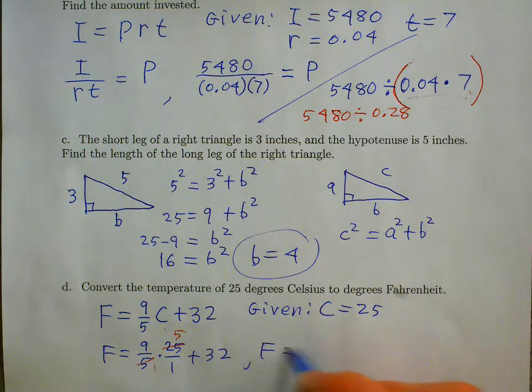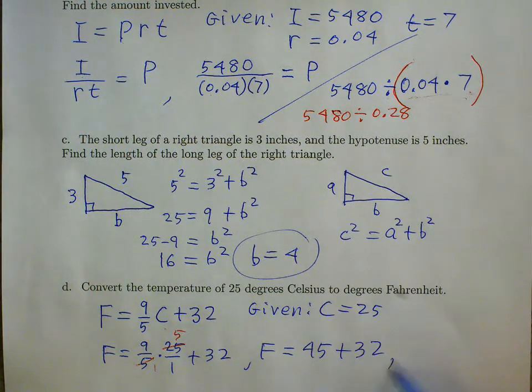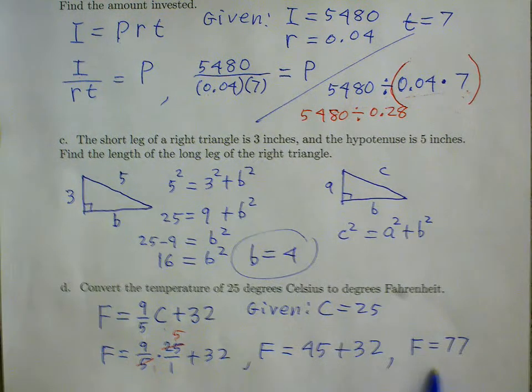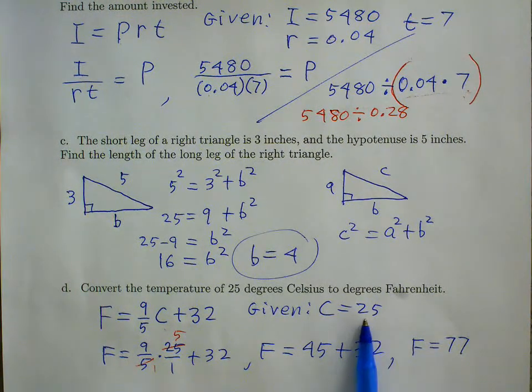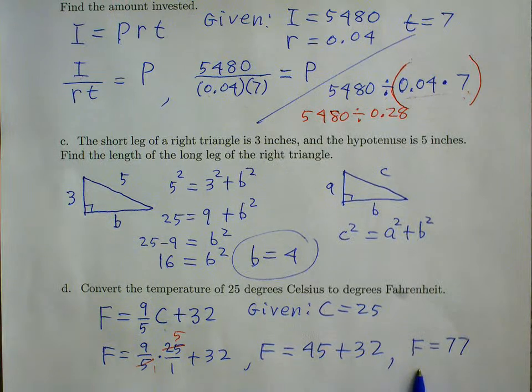So F equals 9 over 1 times 5 over 1. 9 times 5 is 45. And 45 plus 32 is 77. So in Canada, they would say 25 degrees Celsius. And just across the border, they would say 77 degrees Fahrenheit.